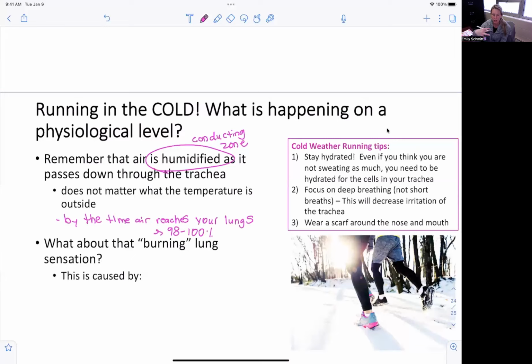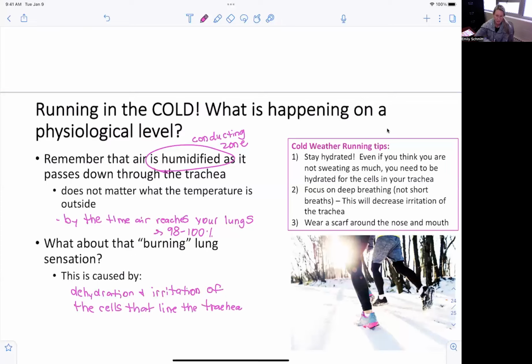So that burning lung sensation that we all feel here in Wyoming is caused by dehydration and irritation of the cells that line the trachea.